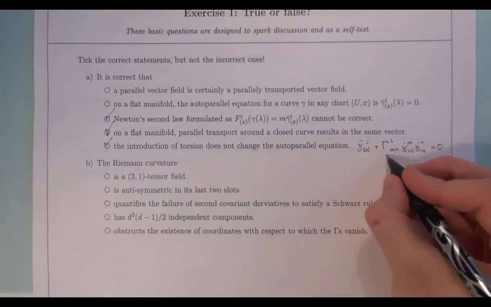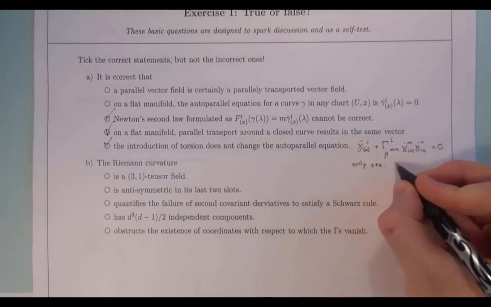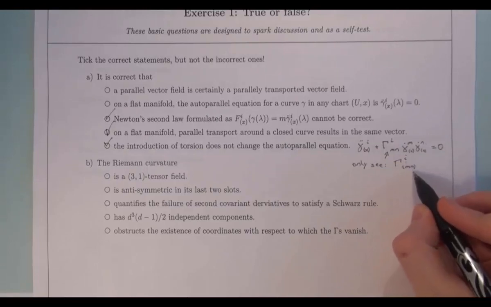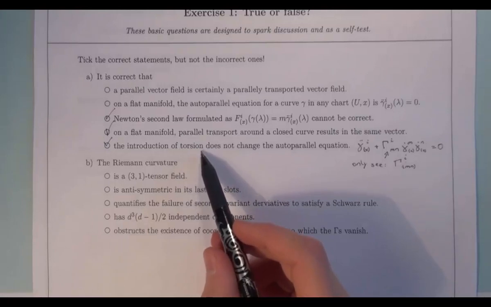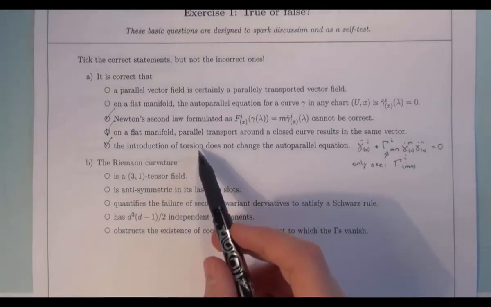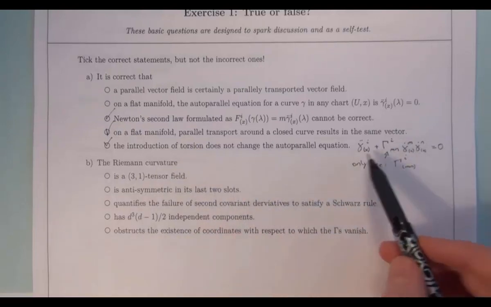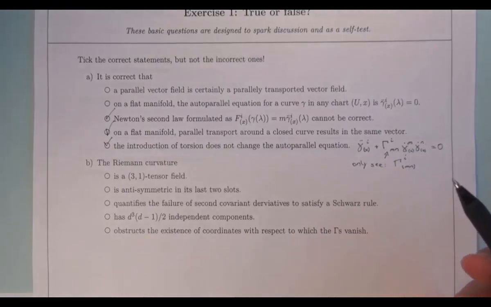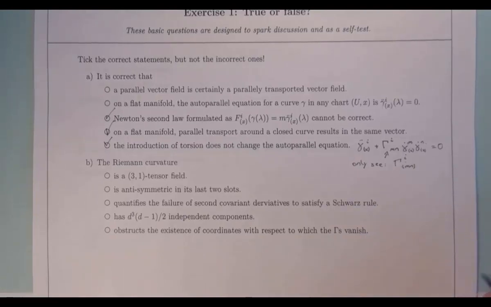So here we only see the symmetric part of Gamma_mn, and the introduction of torsion would mean that we get an antisymmetric part into the Gammas. However, the autoparallel equation only sees the symmetric part and doesn't take care about the antisymmetric one. So the introduction of torsion changes nothing. So the statement is correct.